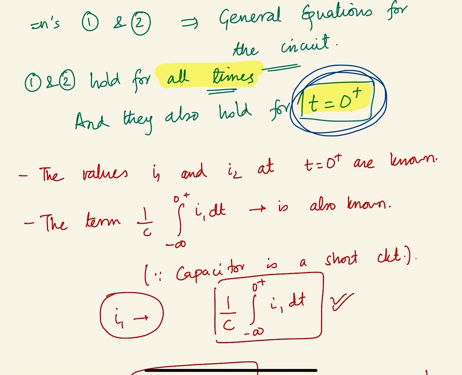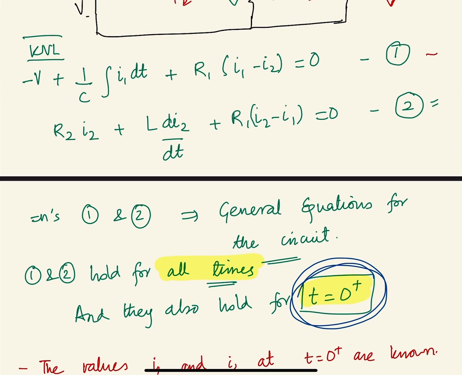Now, let's go back to our equations. Equation number 2 over here. You see that this equation number 2 has a derivative term. So what do we do for solving derivatives?